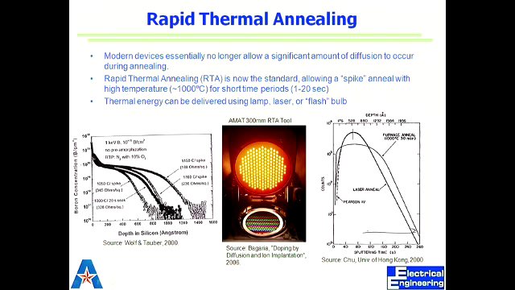Cooling down is probably slow, but heating is where you get it to high temperature quickly, keep it there, and then let it cool down. The heat source can be many things: a lamp, a laser, or a bulb.